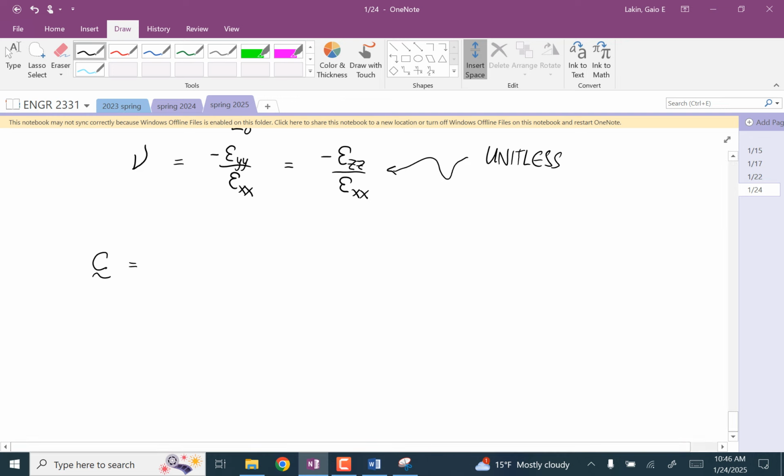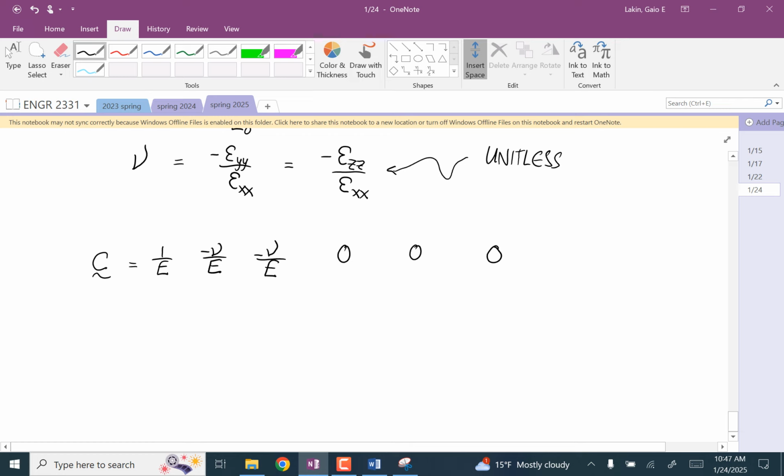So the 1, 1 element is 1 over E. And then the next two elements in that row are negative nu over E and negative nu over E. And then you have 3 zeros. And the first 3 rows of the compliance matrix just keep having the 1 over E move to the right in that pattern.